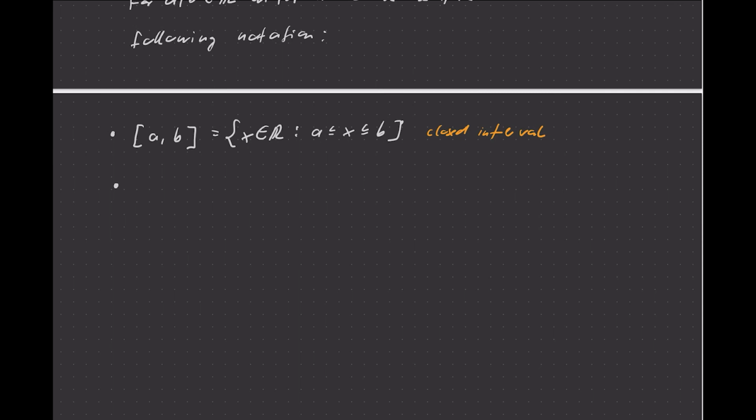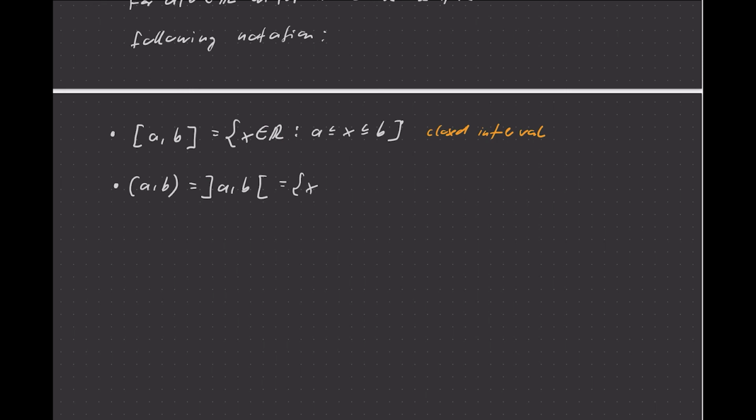We can also have an open interval. We would write the open interval like this, (A, B). Or you will also sometimes encounter this notation, ]A, B[. I usually use the first one, but it doesn't make a difference. You're free to use the other one as well.